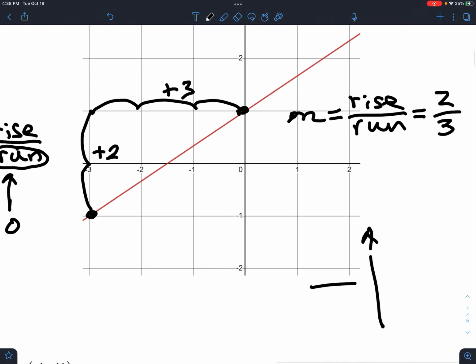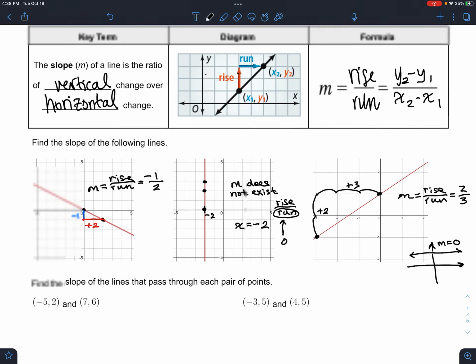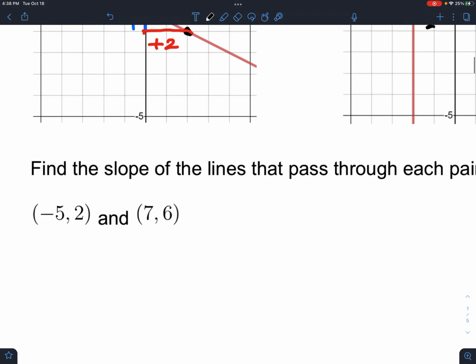Okay. Now you can also have lines that are horizontal, and those have a slope of 0. Because if you were walking across it or driving across it, you don't have any incline at all, so the slope is 0.